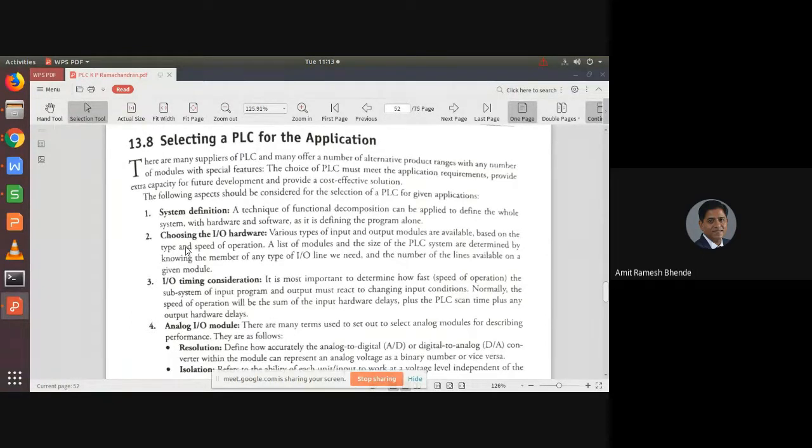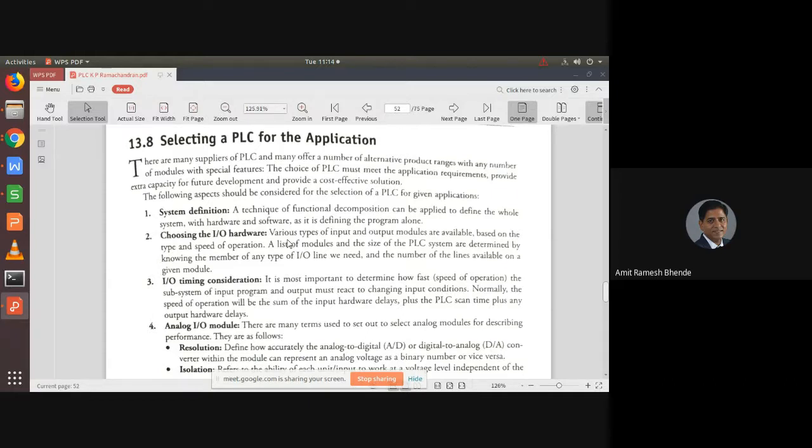What kind of hardware is required for the application? What kind of input hardware, what kind of output hardware are required? That we need to consider. Various types of input and output modules are available based on the types and the speed of the operation.